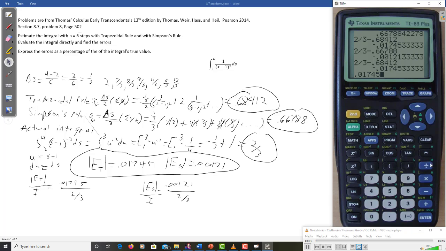Probably should have just done the fraction work myself. Times 3 divided by 2.